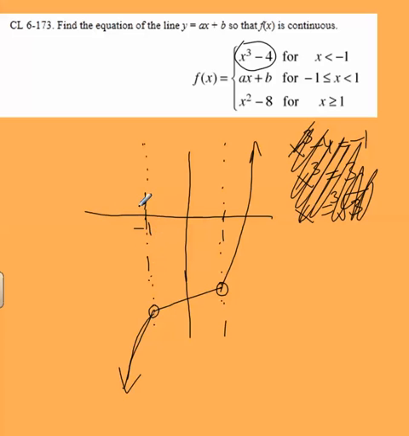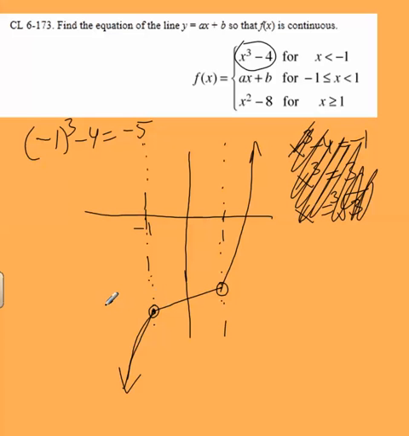The -1 is actually our x value, so we want to find out what y is when x is -1. So -1 cubed minus 4. Our output here is -5.